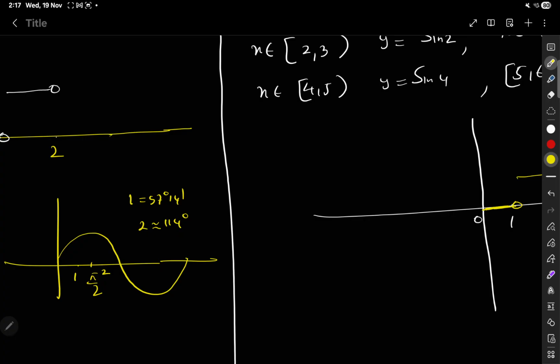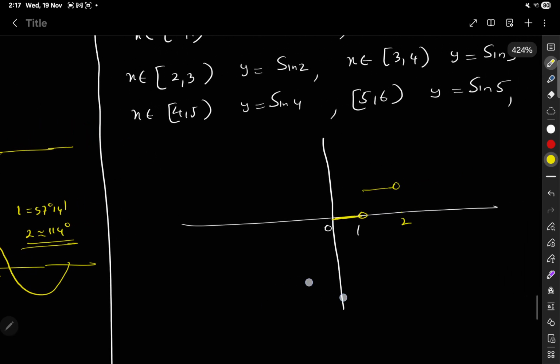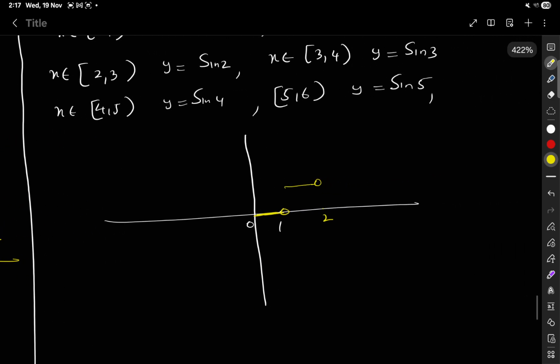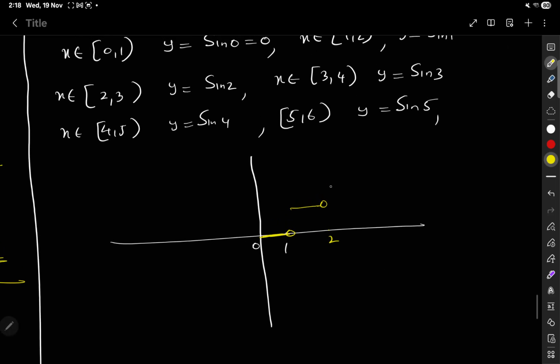So which is closer to 90? This is closer to 90. So sine 2 will be larger than sine 1. Okay, clear? I hope it's clear. So here sine 2 I need to mark. Sine 2 is larger than sine 1. This is sine 1. This is sine 2.